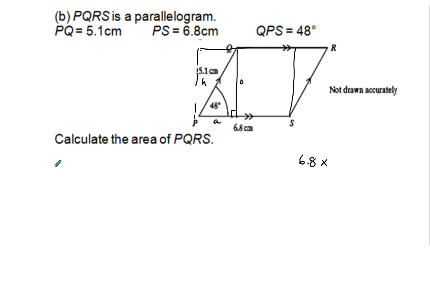So we're going sine 48 equals O over 5.1, using the Faz format of 3 equals 6 divided by 2. We know O equals 5.1 times sine 48, and we get 3.79, and voila, we put it there.